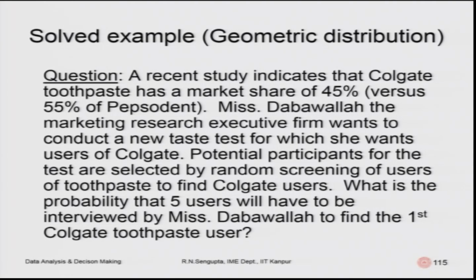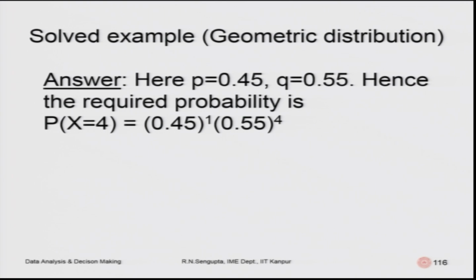So, remember here, listen to the words very carefully. If 5 users have to be tested, which means the 5th one is Colgate, the other 4 have to be the other way around. So, x would be marked accordingly. Here p is 0.45, q is 0.55, and the probability would be for x is 4, because 4 of them are non-Colgate.